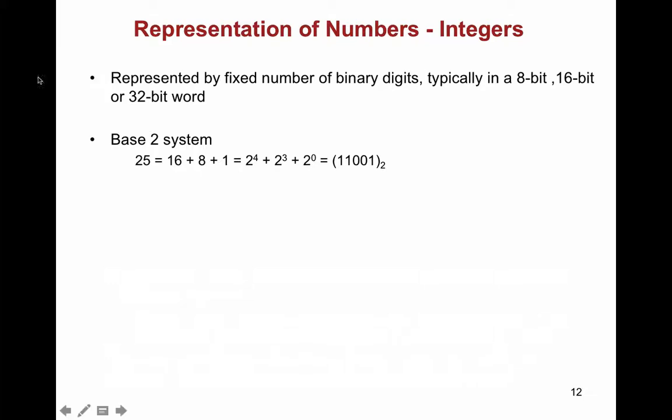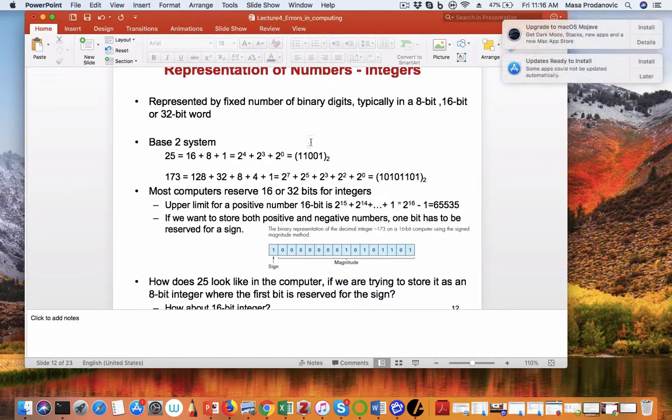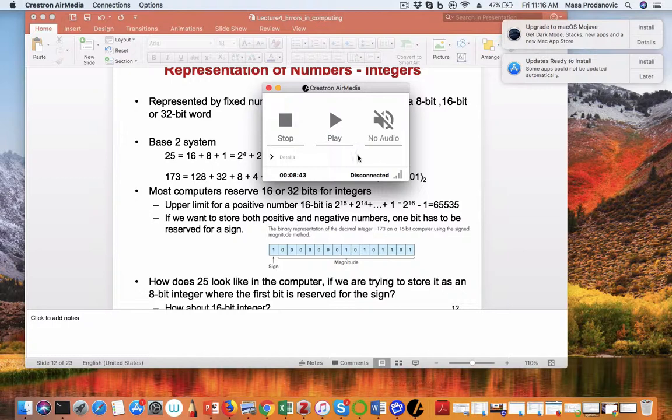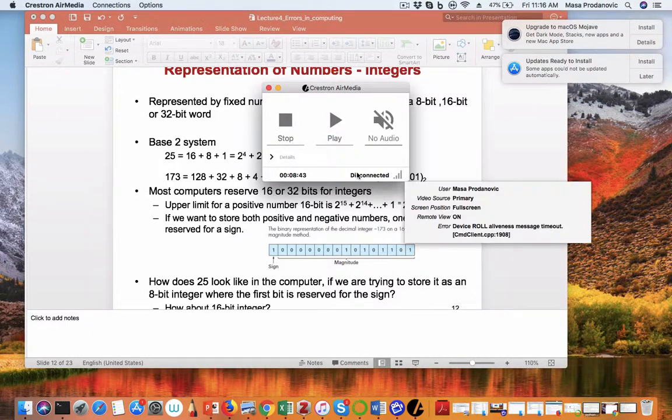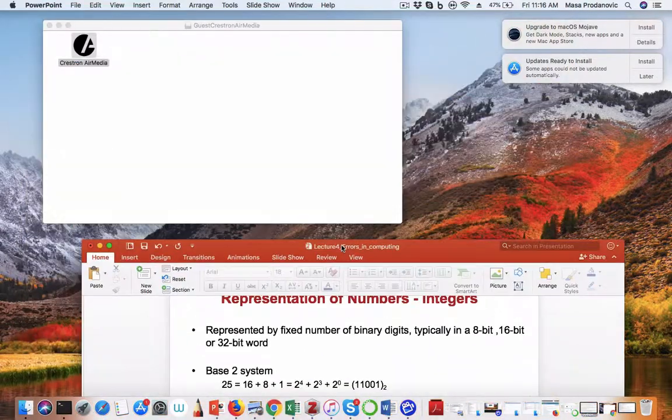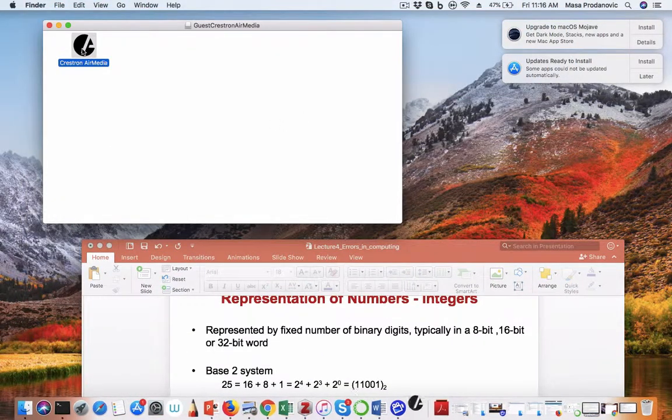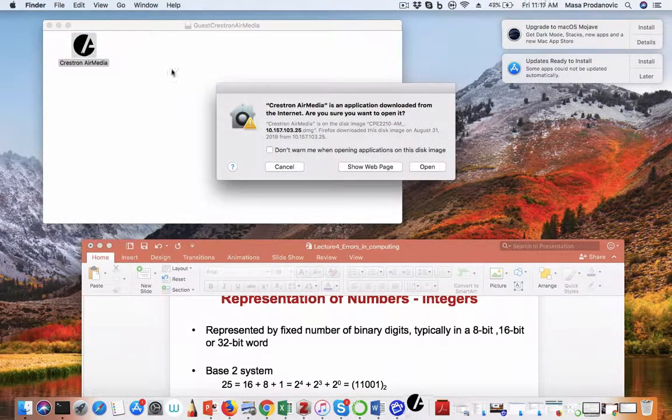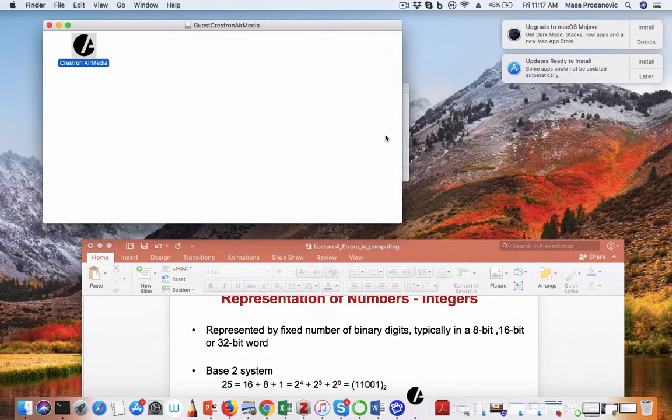Oh, disconnected. Hi. Let me connect again. I will reconnect in a second. It says 7801. Okay.